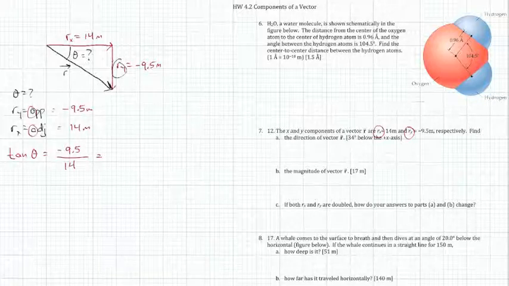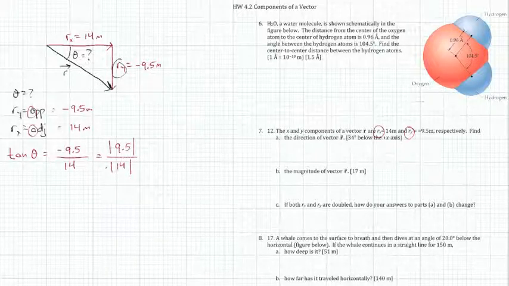So even though Ry is negative 9.5, the absolute value of that is 9.5 over the absolute value of 14, of course, which is 14. And again, if you missed this part in class, I'll refresh you in just a minute here. But we're told here that the tangent of the angle we're looking for is 9.5 over 14.